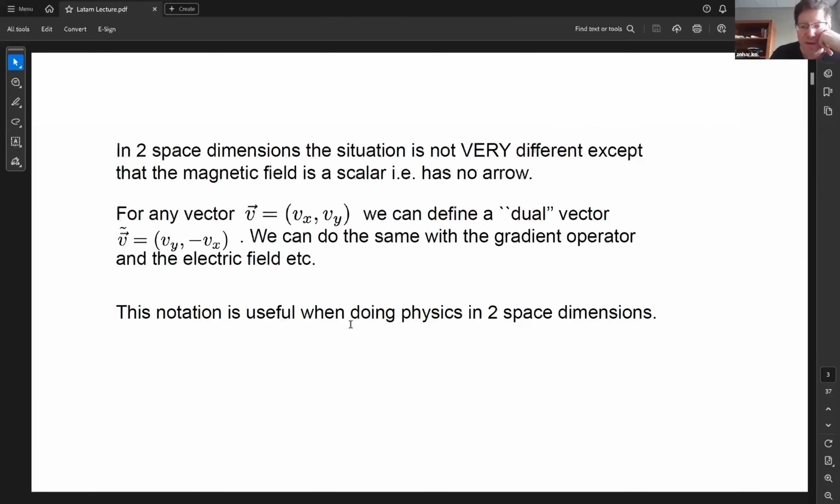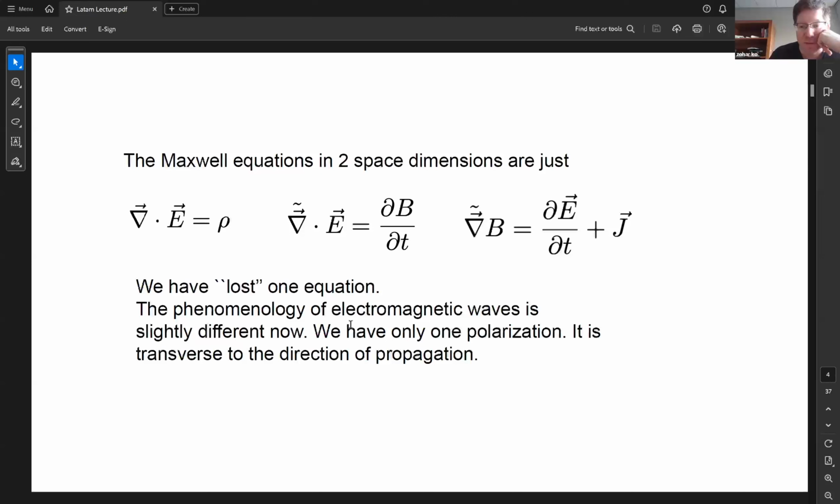So how do the Maxwell equations look in 2+1 space-time dimensions, or two space dimensions? Well, the first equation is the Gauss law. It's the same as in 3+1. This is the analog of the curl equation for the electric field, and that's the analog of the curl equation for the magnetic field. And these are the Maxwell equations in 2+1 dimensions. So there is a current, there is a density.